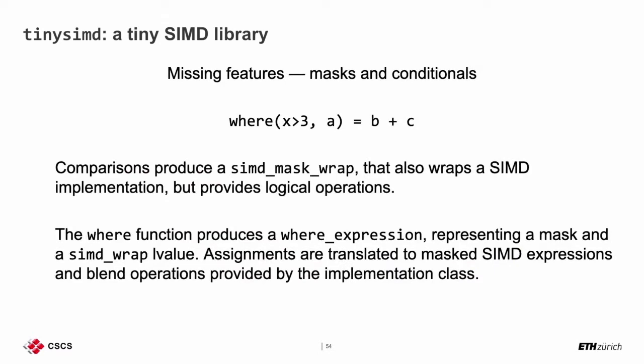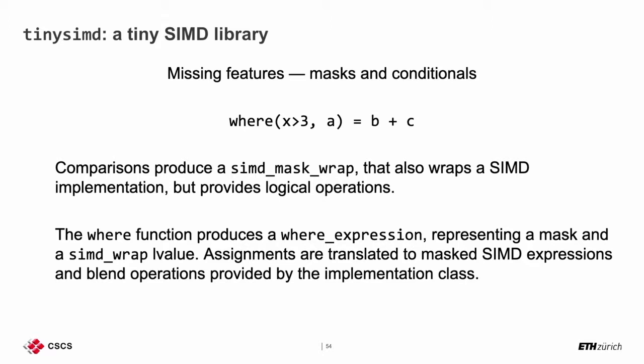Now, we didn't do a couple of things that are really important for a SIMD implementation. One is masked expressions and conditionals. I want to be able to conditionally assign values in my vector or conditionally do an operation based on some test. It's not that hard to write. We need a different sort of wrapper that supports logical operations. Our SIMD wrapper supports arithmetic operations, but a mask object will be a wrapper around an implementation, just like the ones we already have, but it'll provide a different interface: bitwise operations, ANDs and so on.